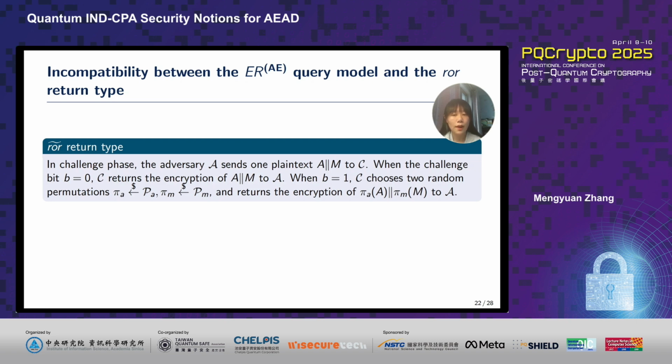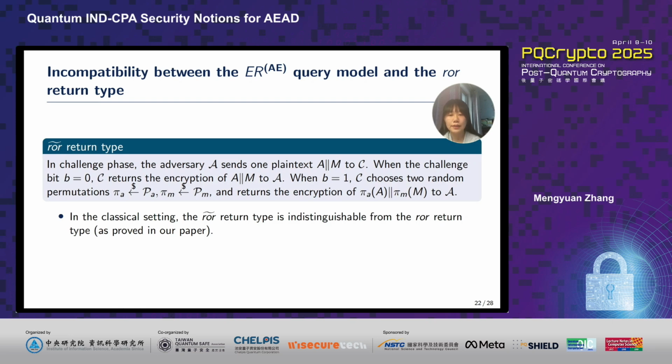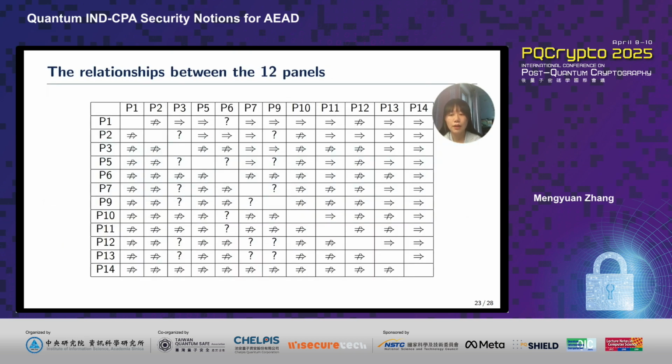And instead of picking one random permutation pi and applying it to A and M, the tiled real random return type assumes the challenger picks two random permutations, pi A and pi M, and separately applies them to A and M. In the classical setting, these two return types are indistinguishable, and this has been proven in our paper. Moreover, the security notions based on the tiled real random return type are still strong, and this can be seen from our final result. And this is a table of our result.